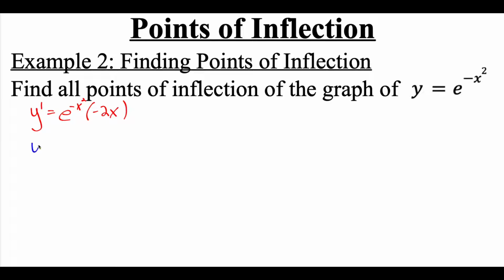Now, as we're finding the second derivative, there's now multiplication happening in here, so we're going to have to use the product rule. The e to the -x squared is going to be our u value, and the -2x is going to be my v value. So for the product rule, we're supposed to leave the first piece the same, but then attach the derivative of the second piece, so that -2x derives into -2.